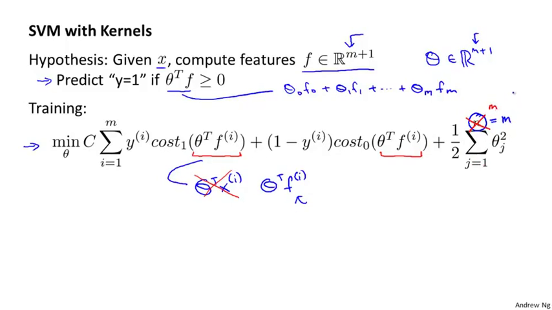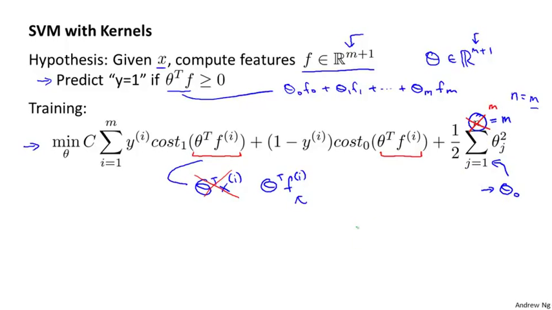One way to think about this is n being equal to m, because if f is the new features, then we have m plus 1 features, with the plus 1 coming from the intercept term. And here we still sum from j equals 1 through m, because similar to our earlier videos on regularization, we still do not regularize the parameter theta 0, which is why this is a sum from j equals 1 through m instead of j equals 0 through m.